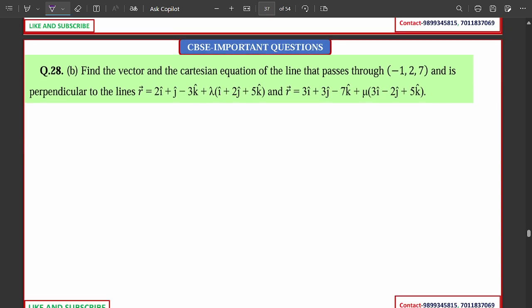Now let us discuss question number 28B. Find the vector and Cartesian equation of the line that passes through this point and is perpendicular to these two lines. So let us understand the solution of this question.